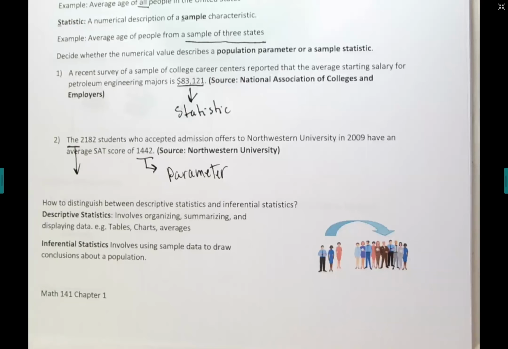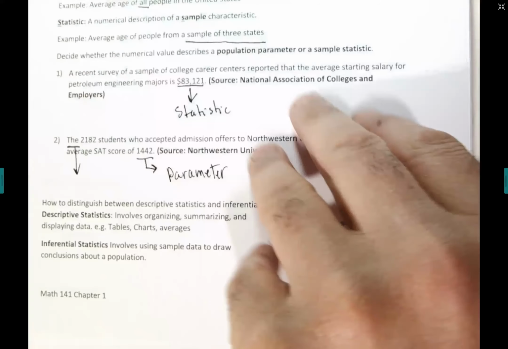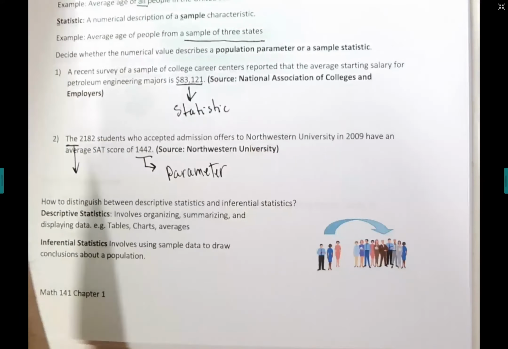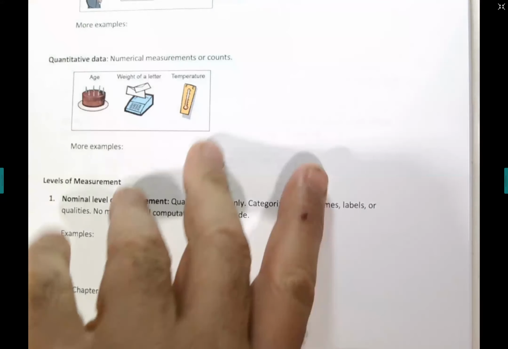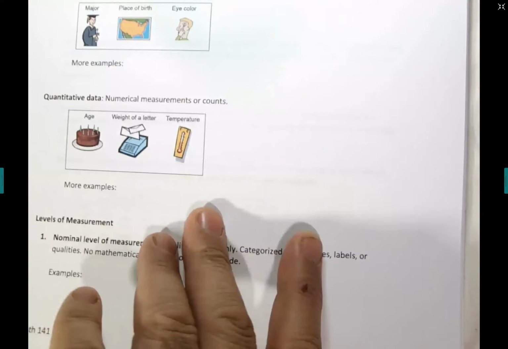What I'm going to do, guys, I'm going to give you an example, and I'm going to ask you to tell me what the descriptive statistics is and what the inferential statistics is in that example. Watch. Nice example. There you go.